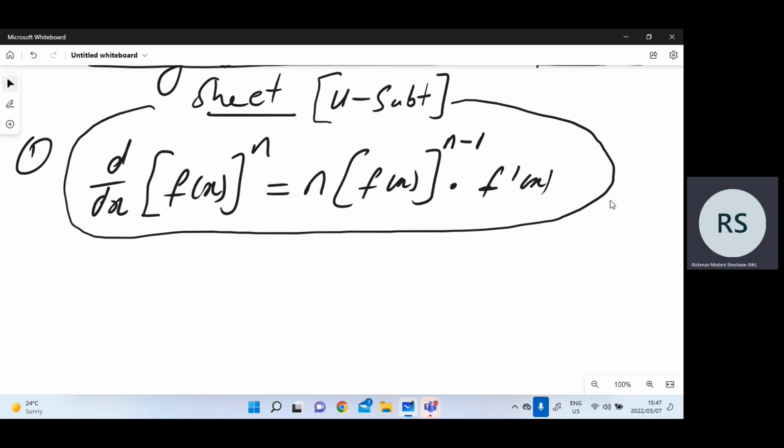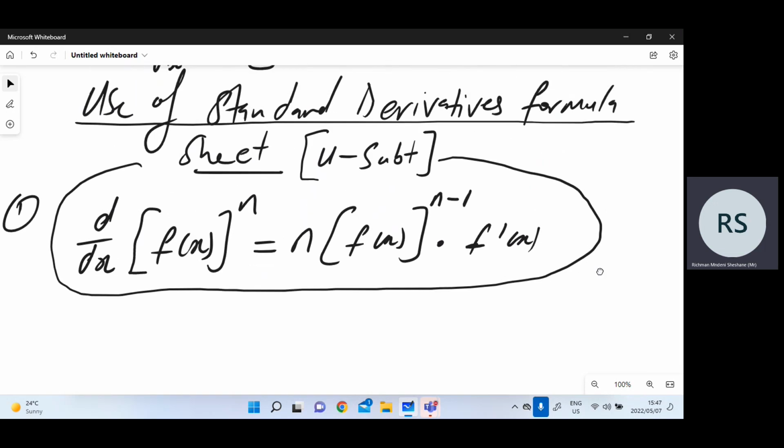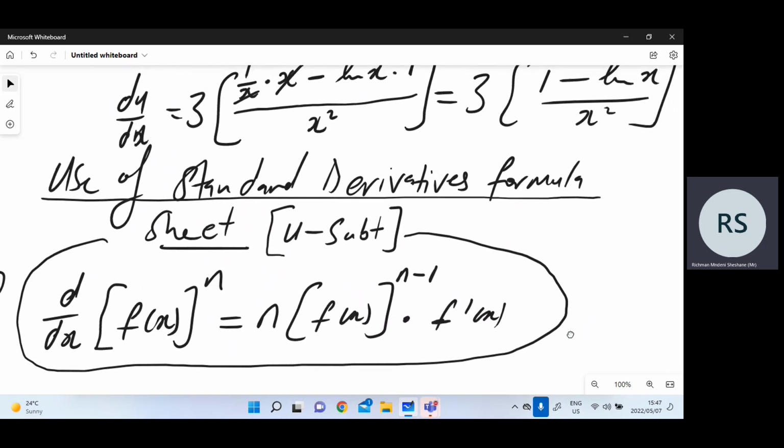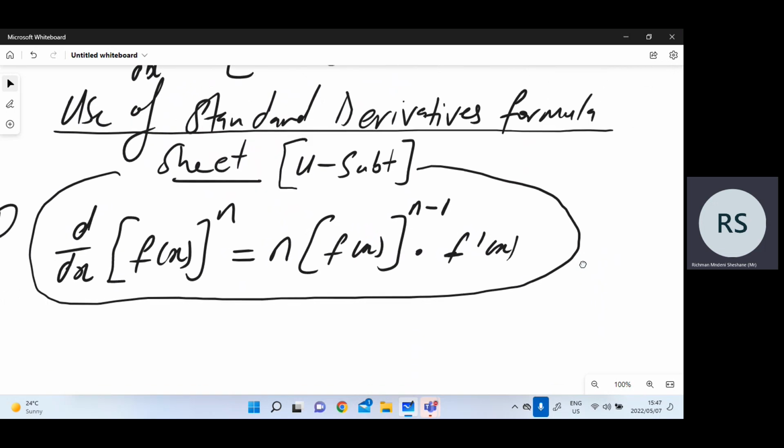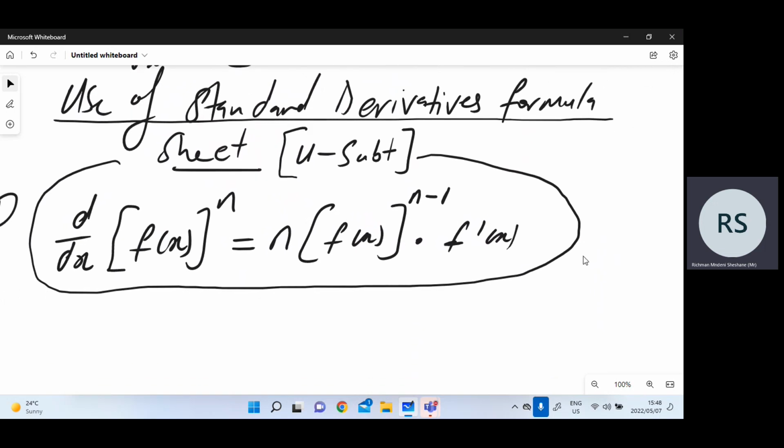And these standard formulas, or U substitution, are based on what we call the chain rule. It's just a name given to all those standard formulas.